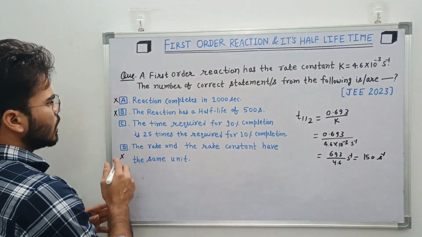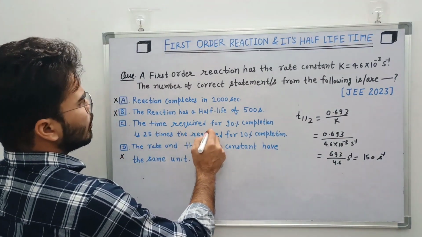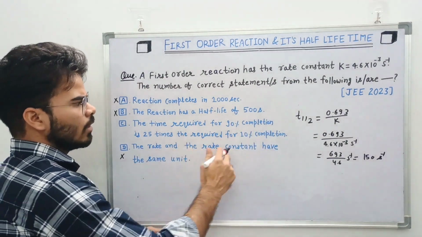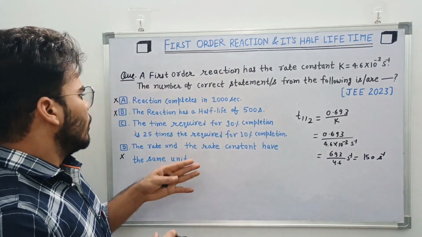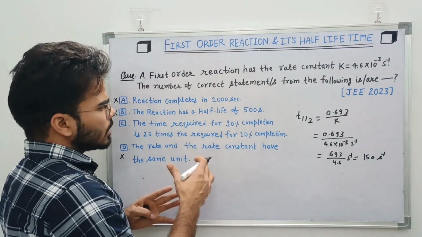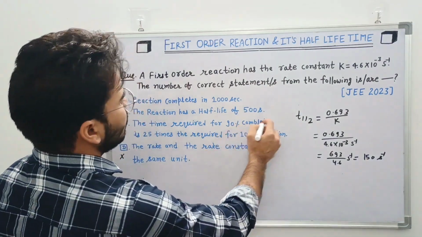Now we will see option number C. Option C is saying that the time required for 90% completion is 25 times the time required for 10% completion.